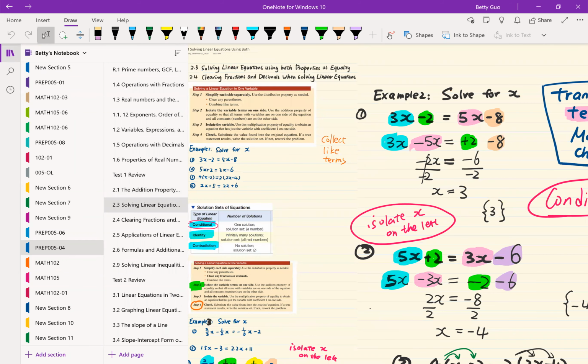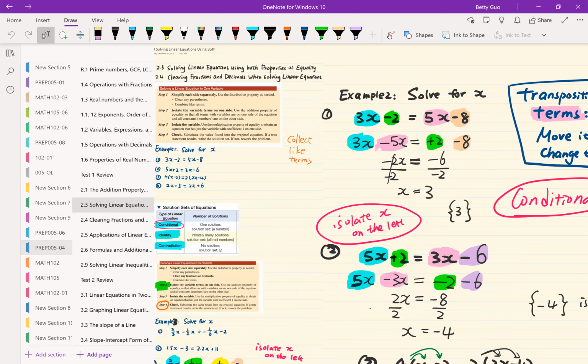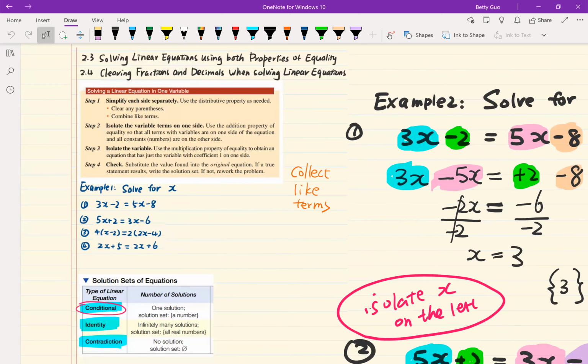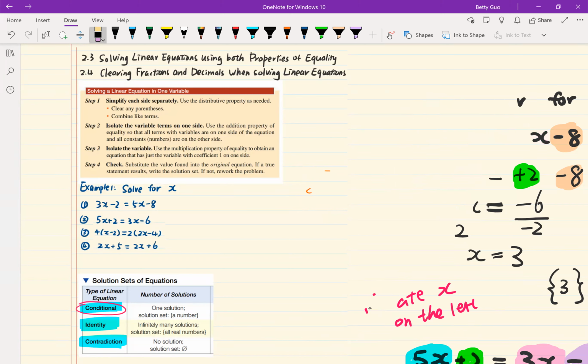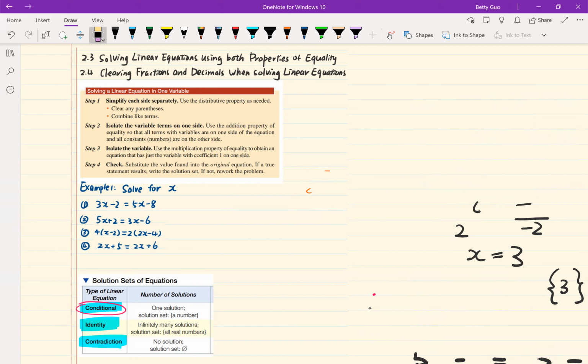That actually is 2.1, 2.2. So now I put them together. Now we're going to see 2.3 and then 2.4, a more complicated linear equation in one variable.